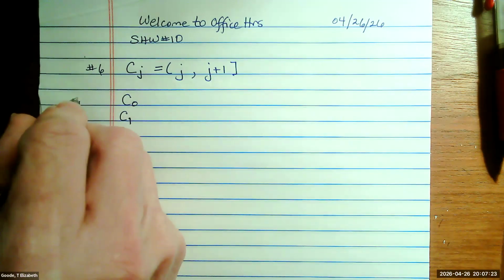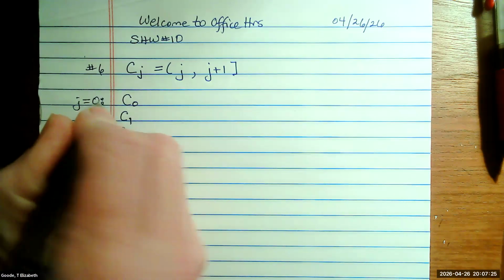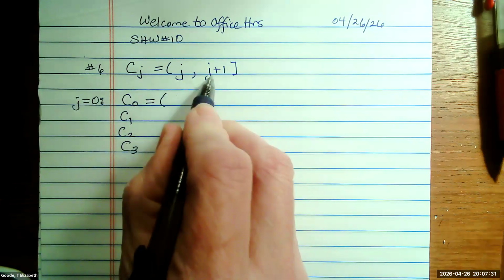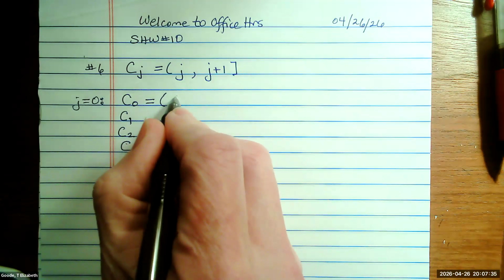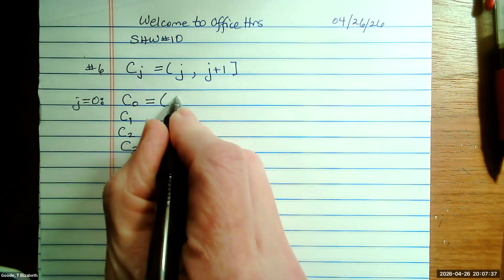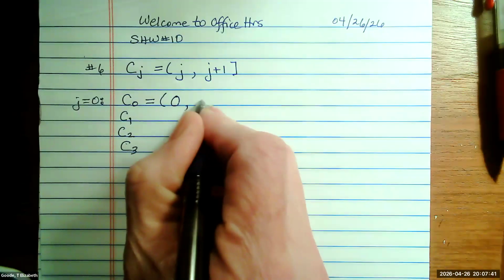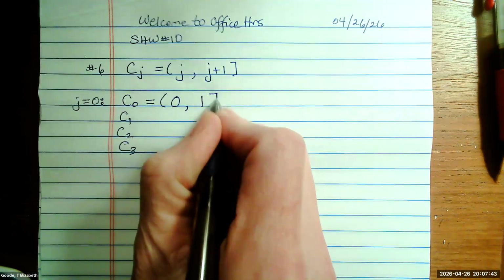So that means j is 0. So what do we put here? We're just going to put a 0 in everywhere we see a j. So what goes here? 0 and then 1. Comma. And 1. And then square bracket.